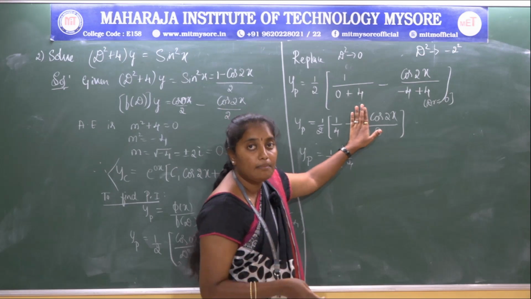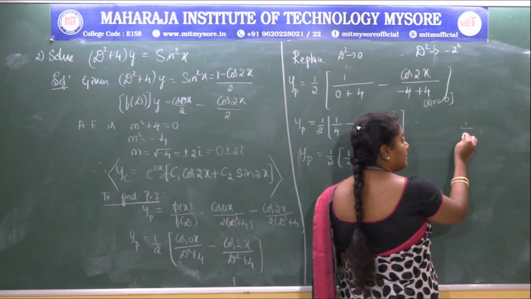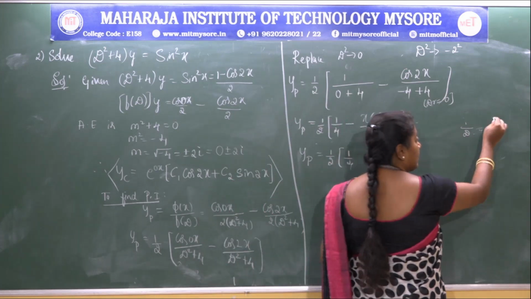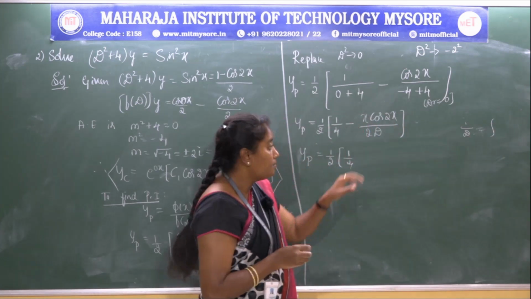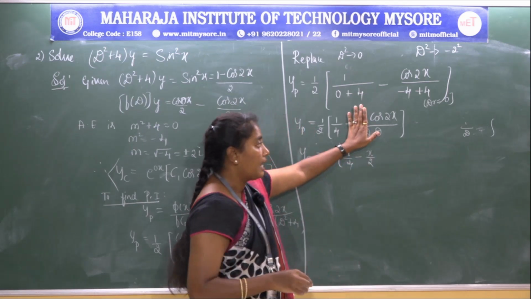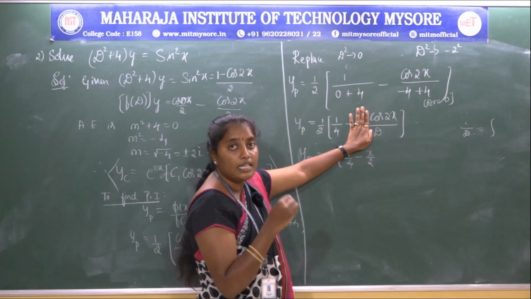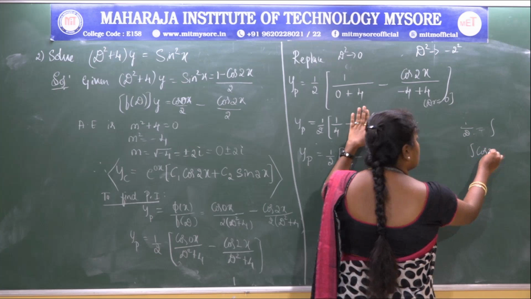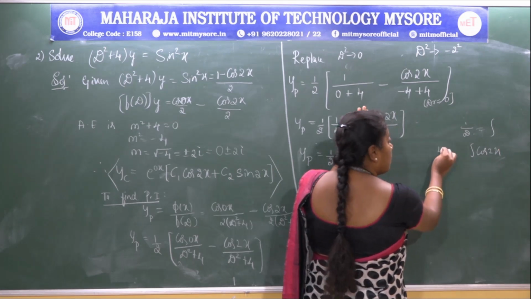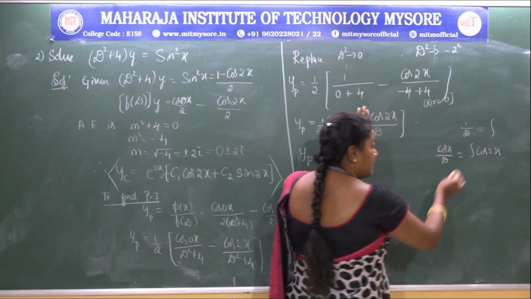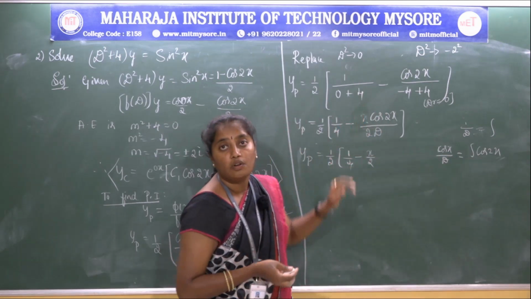1 by D is nothing but the reciprocal of the derivative, which is an integral. That means writing minus x by 2 as it is, cos 2x by D is nothing but the integration of cos 2x. That is, cos 2x divided by D is nothing but the integration of cos 2x.